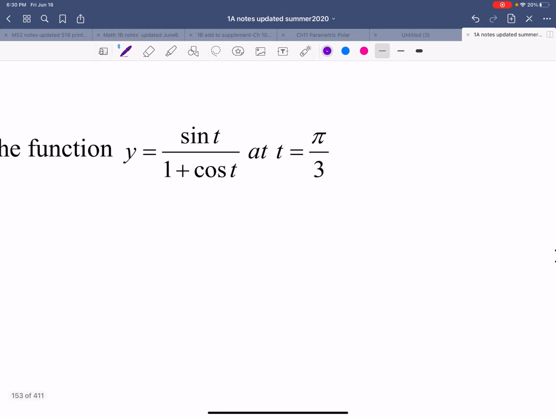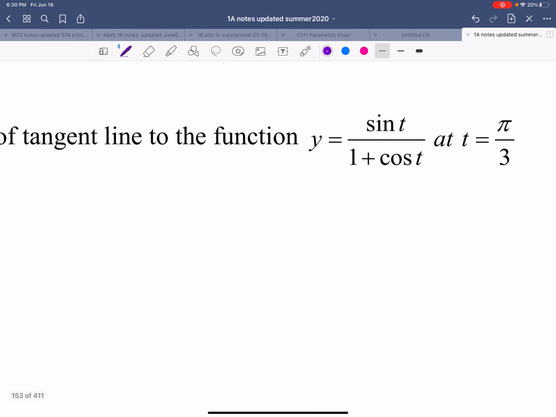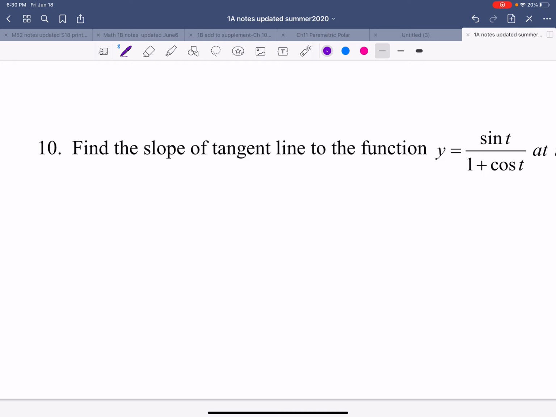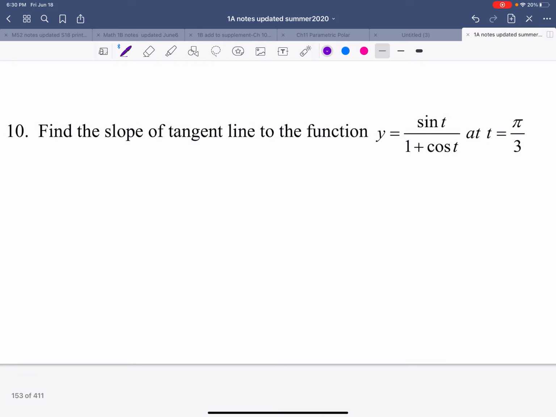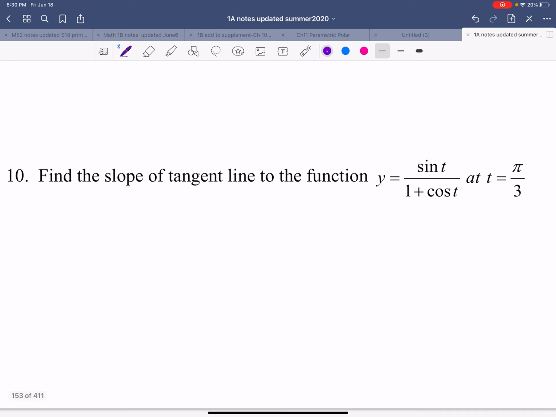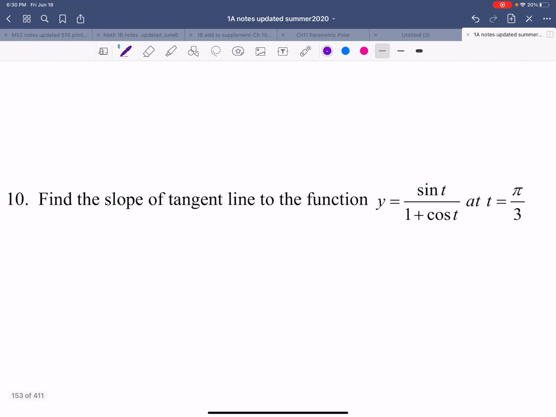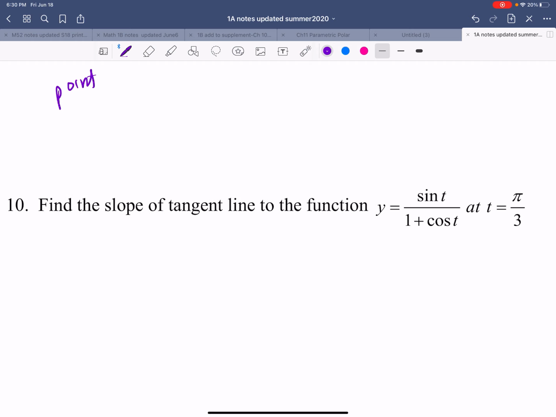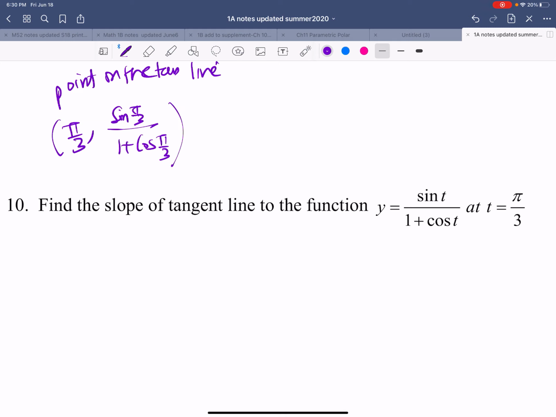Next, we are going to find the slope of tangent line to the given function at t is equal to pi over 3. Okay, so to find slope of tangent line, we need two things. We need a point on the tangent line, which is going to be pi over 3, and sine pi over 3 over 1 plus cosine pi over 3.